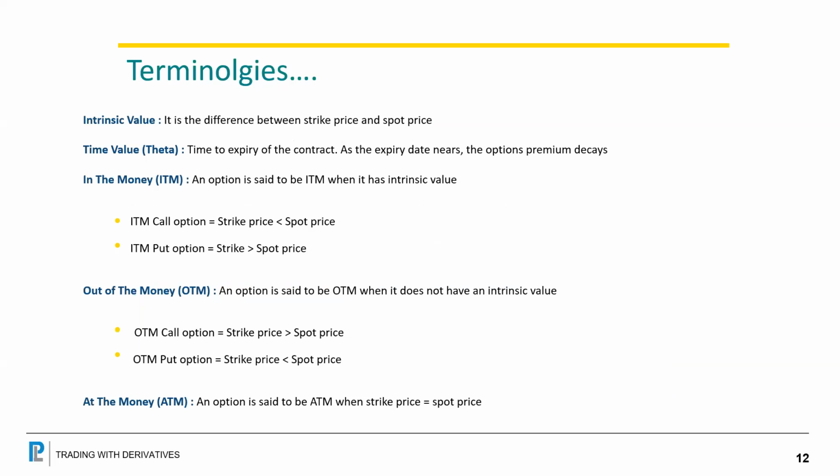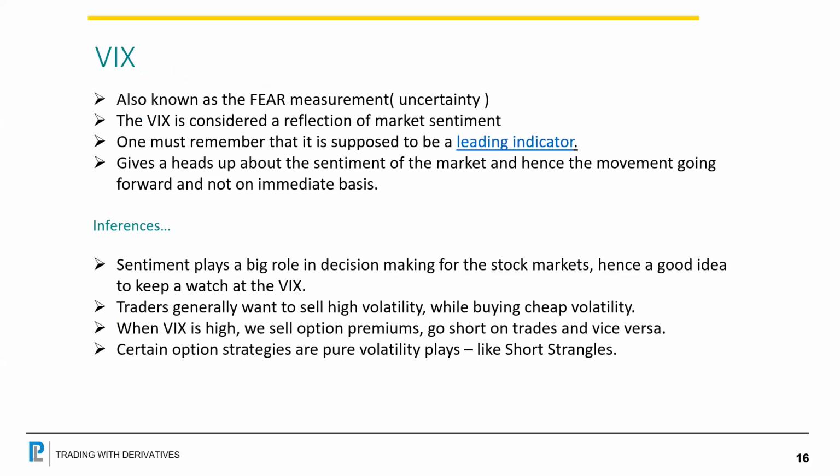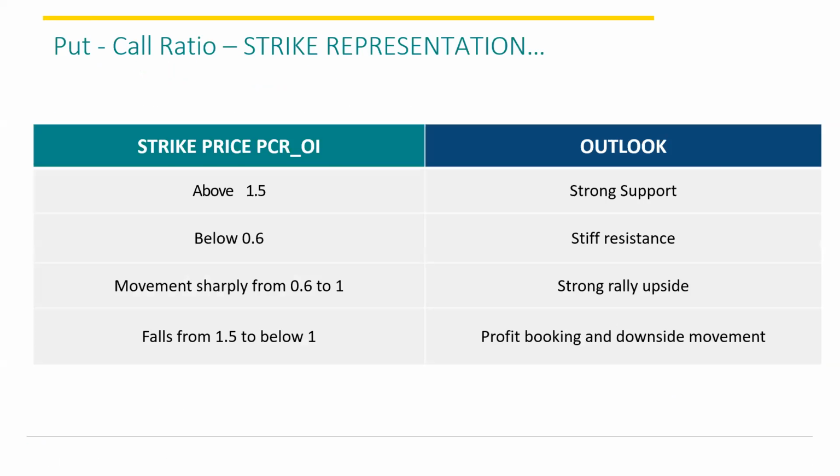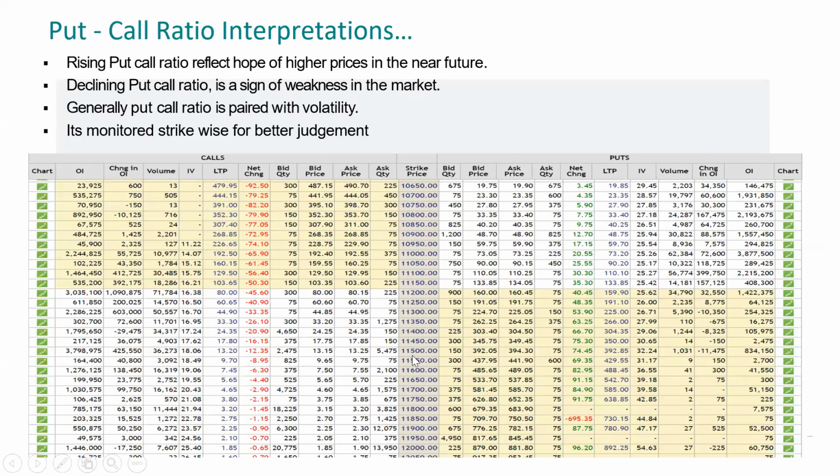I'll just quickly show you what that is. If everybody's seeing, this is the option chain. I will completely make you understand this later in coming slides. I'm just explaining what the option strike price is. So these are the strike prices. This is the Nifty option chain.